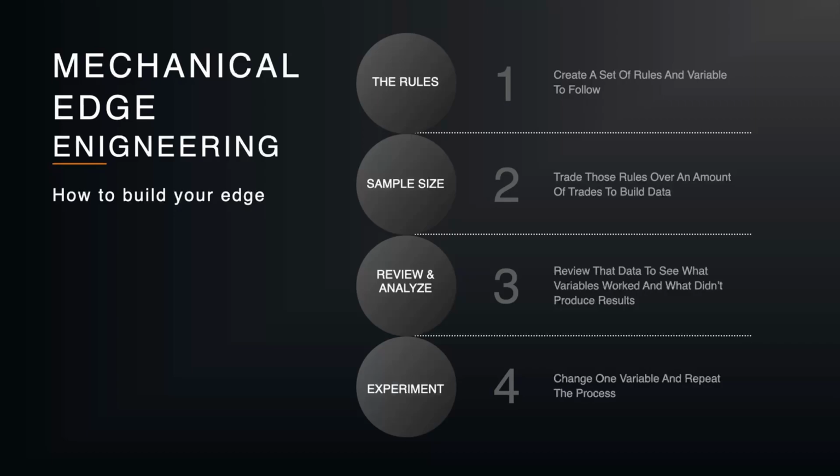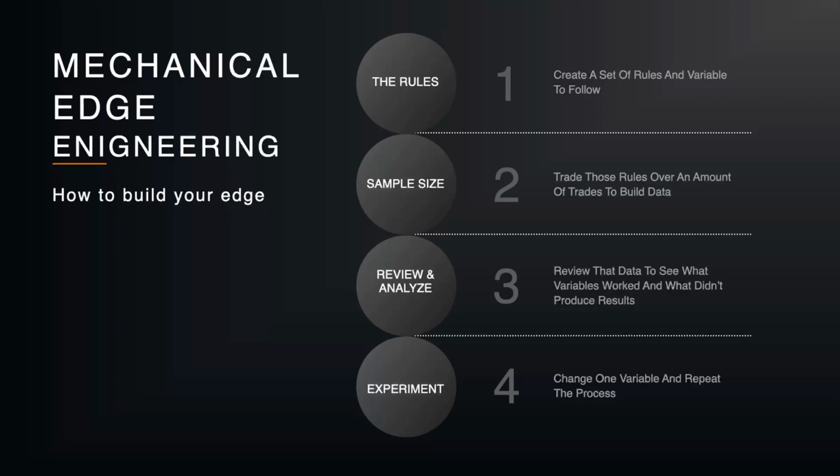I tweak one variable. Maybe I cut my losers short here. And you experiment and see what the results are. Did I increase my win rate? Did I increase my profitability? And you keep doing this process over and over until you find your edge.